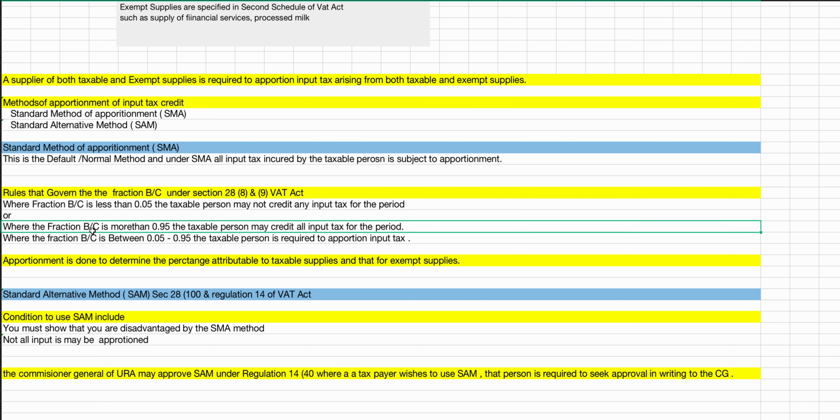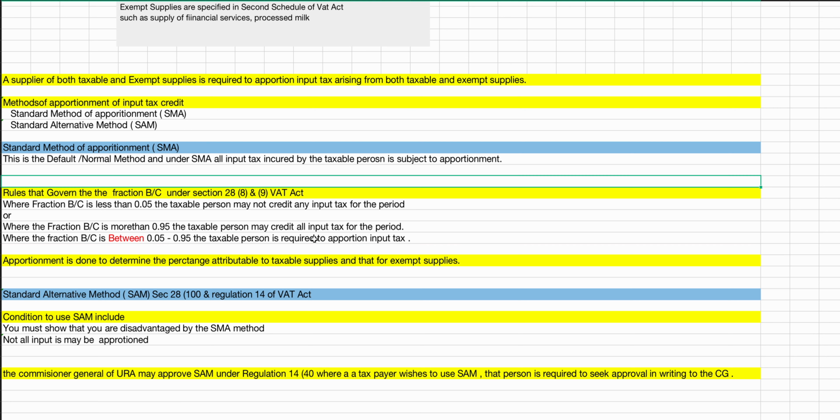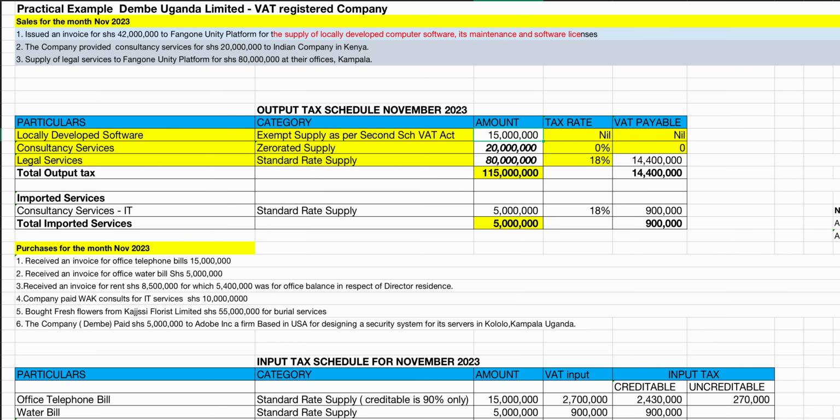And where the fraction of B over C is more than 0.95, the taxable person may credit all the input. We also look out for that. And then where the fraction B over C is between 0.05 to 0.95, between is a key word, the taxable person is required to apportion. So if it's between that, we are required to apportion. So those are the three basic rules we have to look out for.